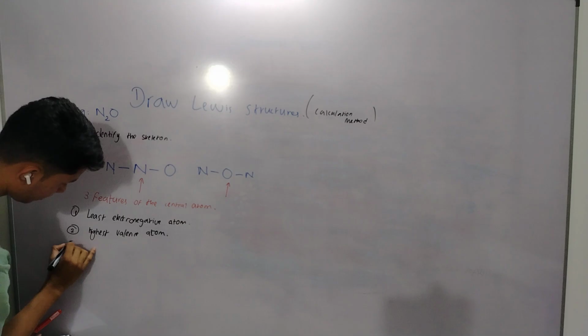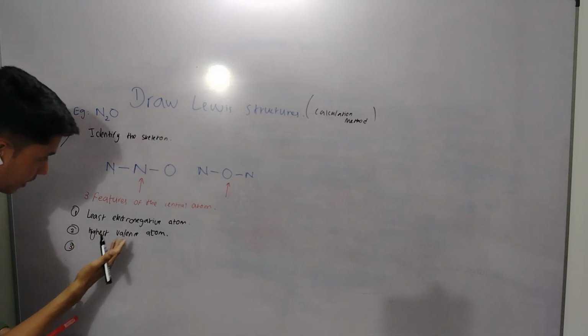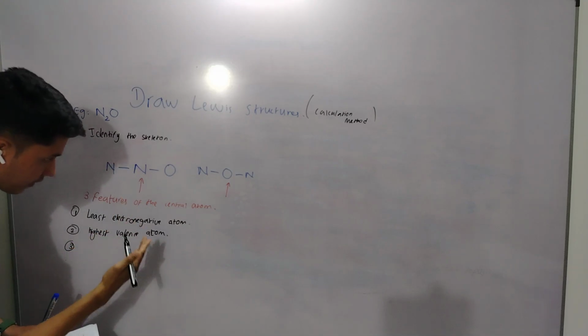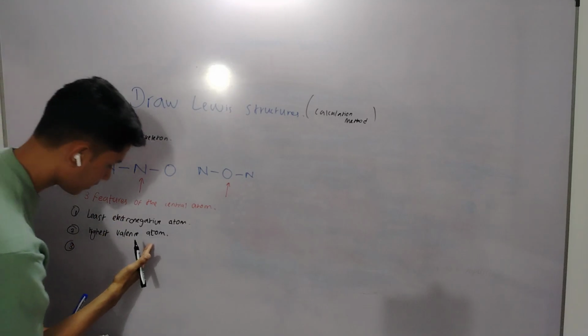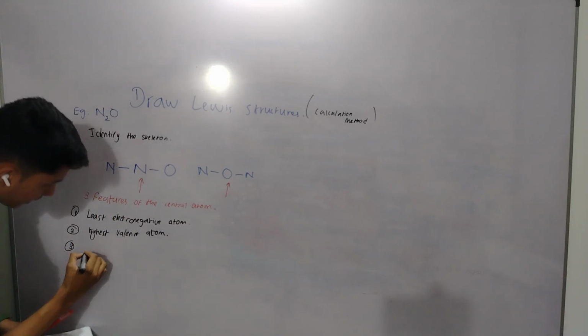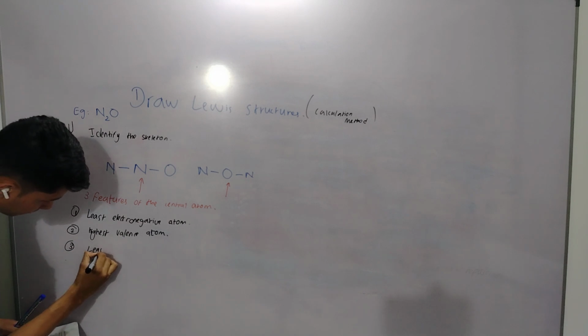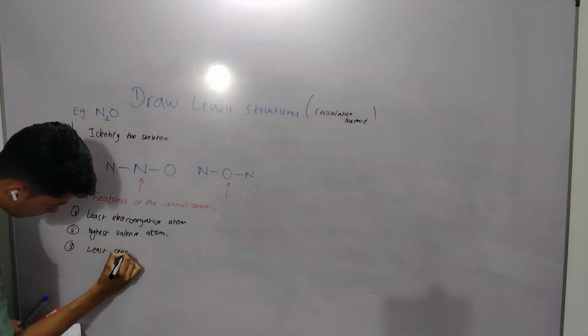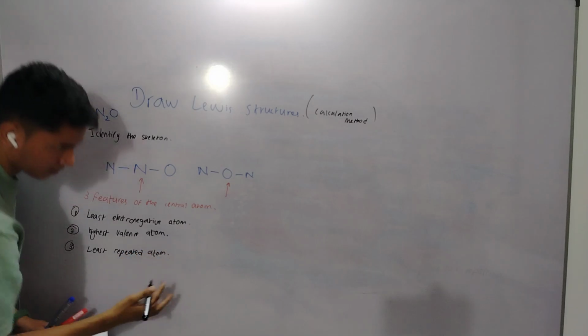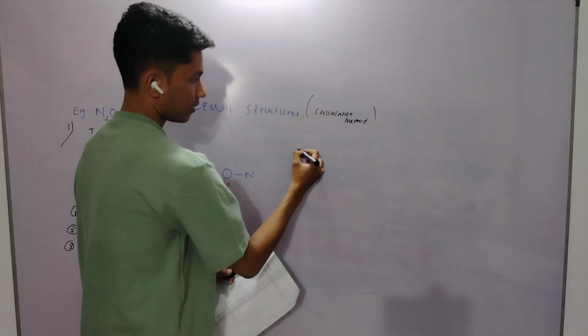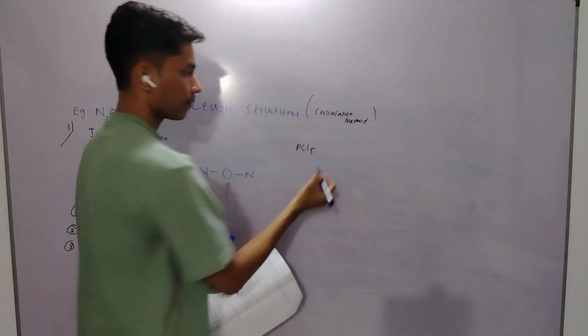So the first feature, it will be the least electronegative. Then it will have the highest valence. Then the third one, it is the least repeated atom. Now let's say a molecule PCl5.